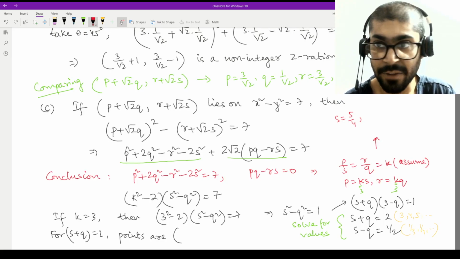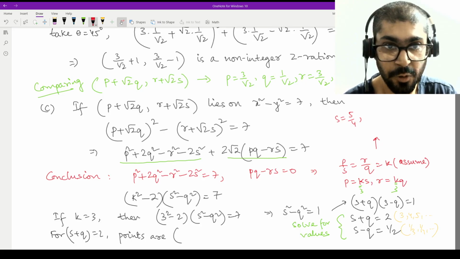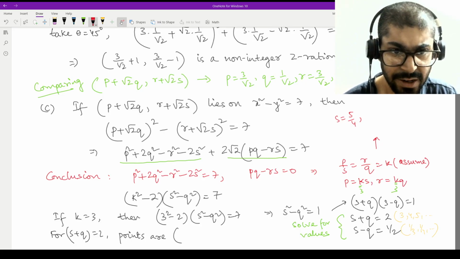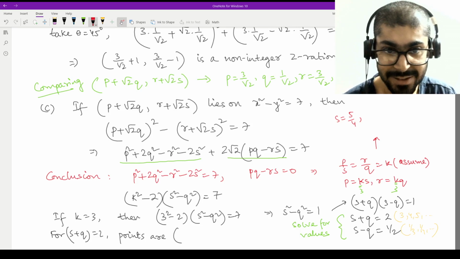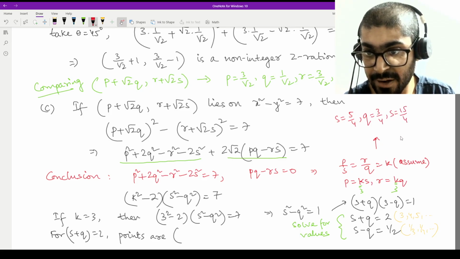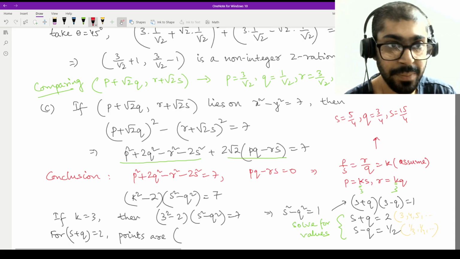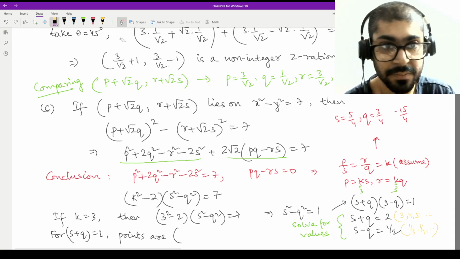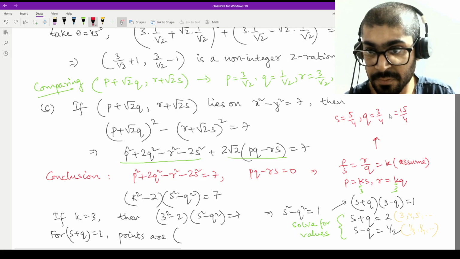S is equal to 5 by 4, and q would be equal to 3 by 4, and k is taken as 3, right? So p is equal to 15 by 4, and r would be equal to 9 by 4.